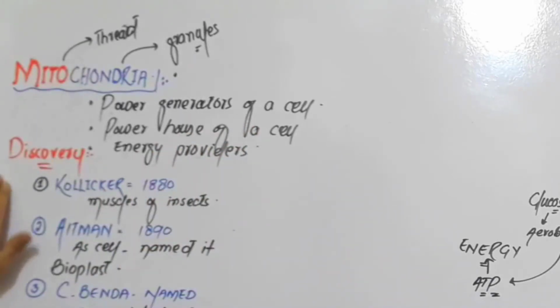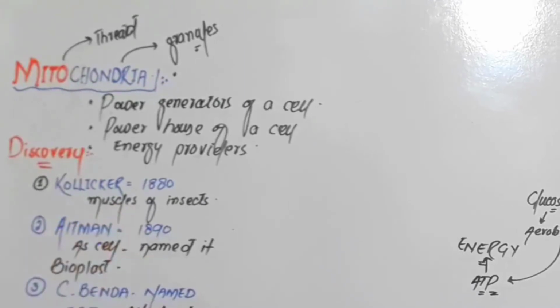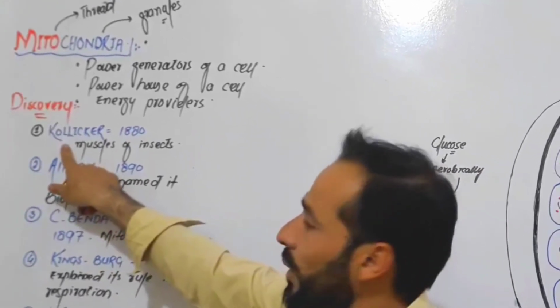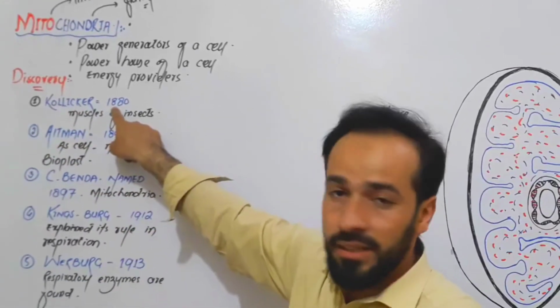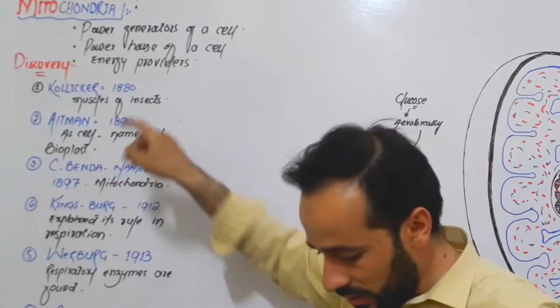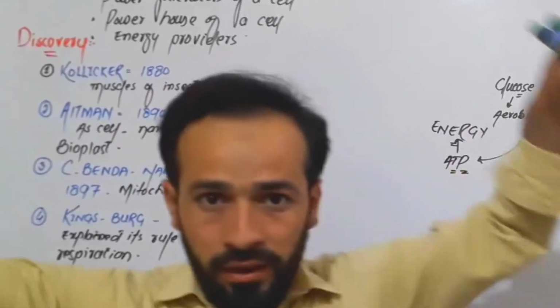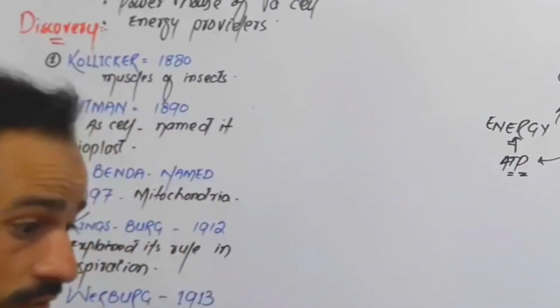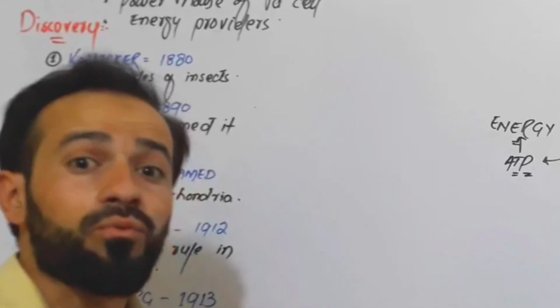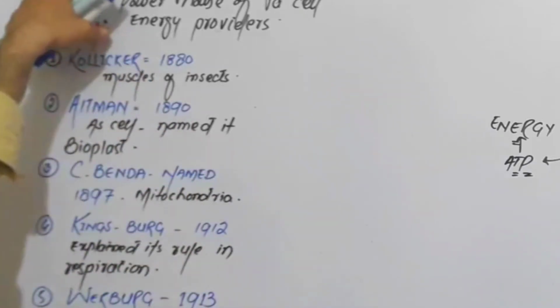Now let's know about its discovery a little bit. Friends, mitochondria were seen for the first time by this man, Kolliker, in 1880 in the muscles of insects, right? There were some insects which were flying, and the muscles of those insects were full of these things, right?